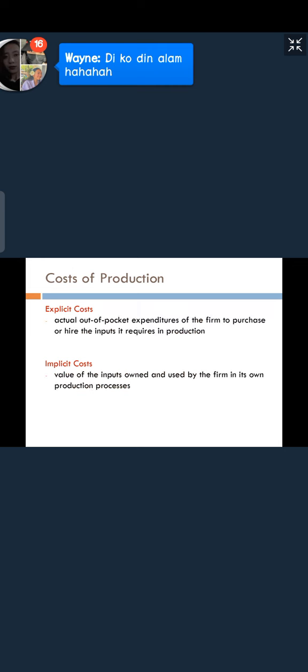Explicit cost refers to an actual out-of-pocket expenditure of the firm to purchase or hire the inputs it requires in production. Meanwhile, your implicit cost is the value of inputs owned and used by the firm in its own production processes.